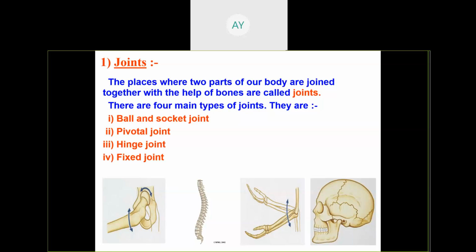But in the fixed joints present in your skull, there is no movement. There is no movement in the upper jaw, and no movement occurs in the bones of the cranium. The cranium is the name of the bones of the skull. So this is the example of the fixed joint.